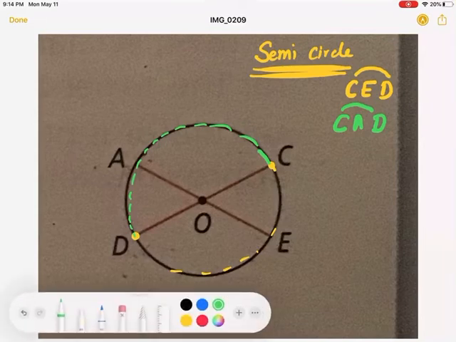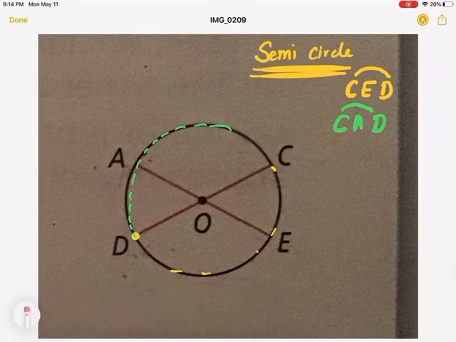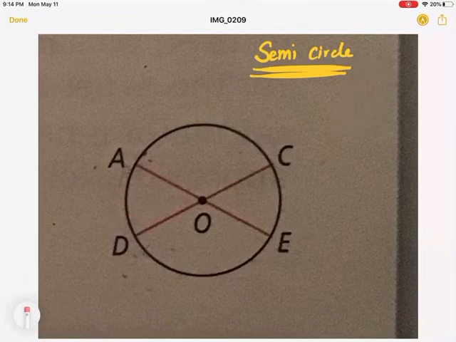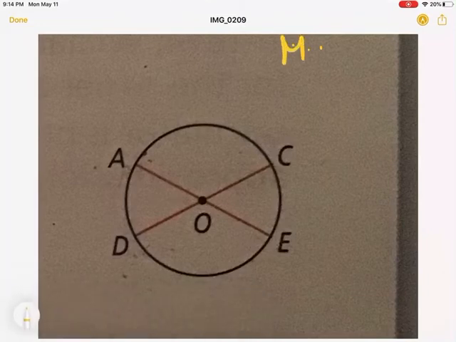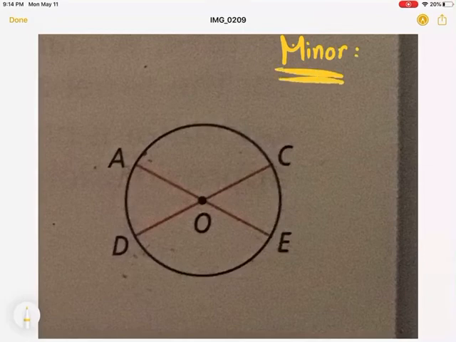Now let me show you minor and major. Let me erase this. Okay, let's start off with minor. If I have a minor arc, you have to look at a part of the circumference that's less than 180.